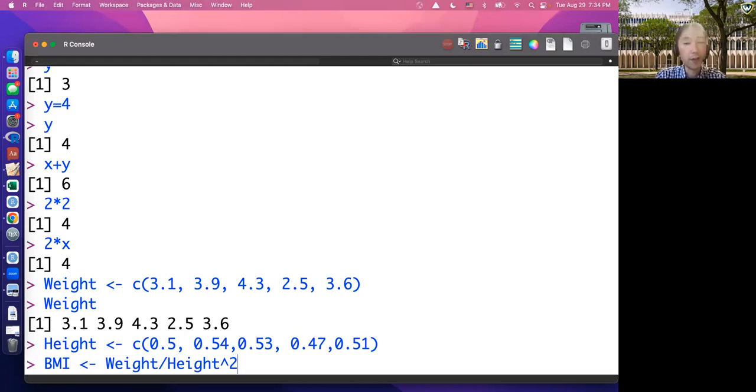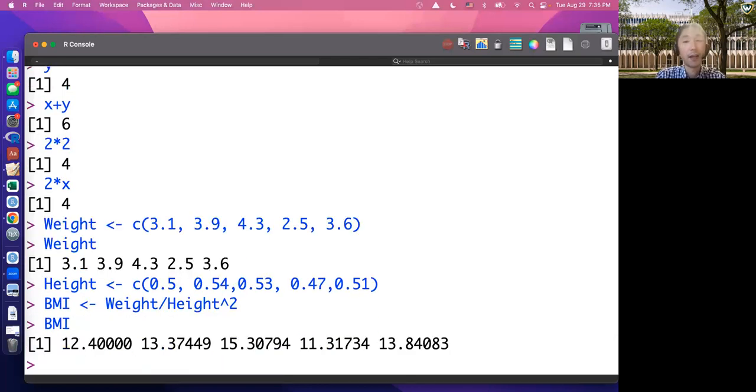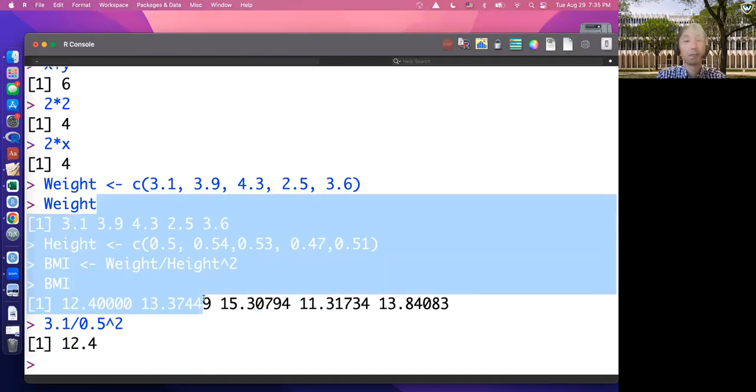Then you can get BMI of these 5 babies at the same time, so at once. So you can see 3.1 divided by 0.5 square is 12.4. That comes here. And for the second baby, 3.9 divided by square of 0.54 is 13.37. So we can calculate this at once.